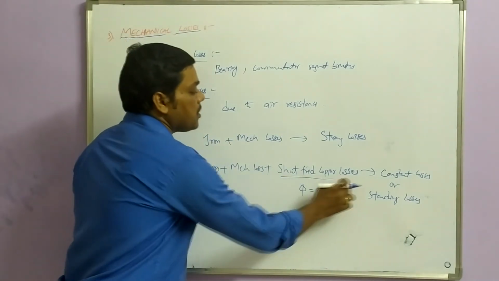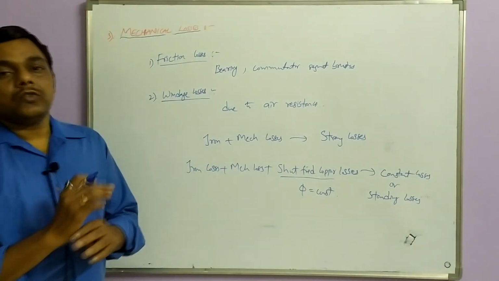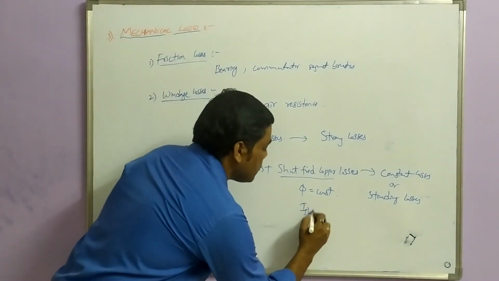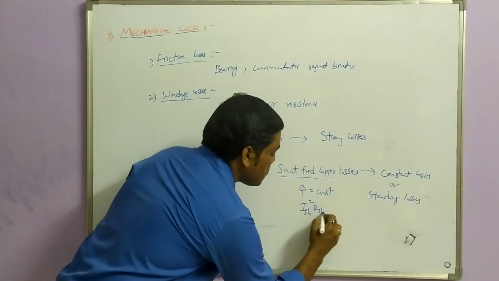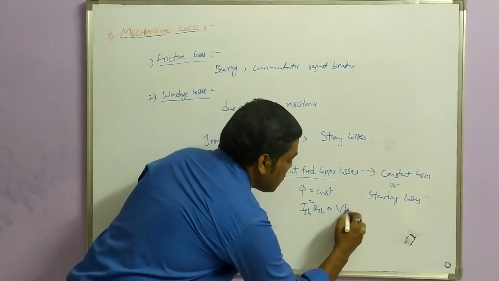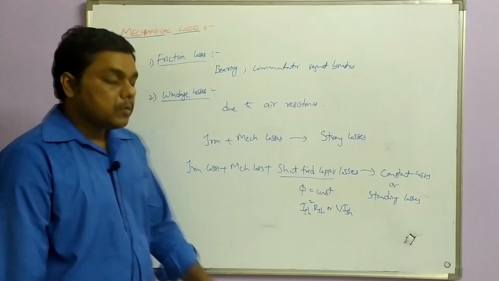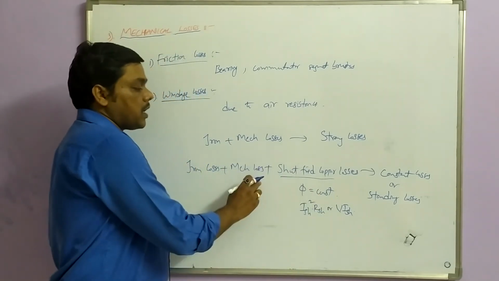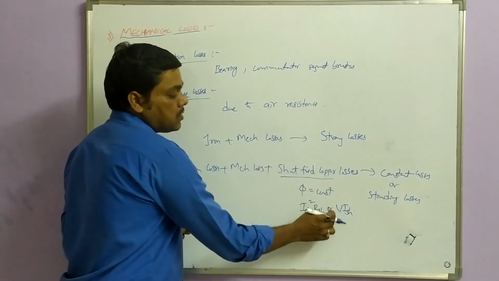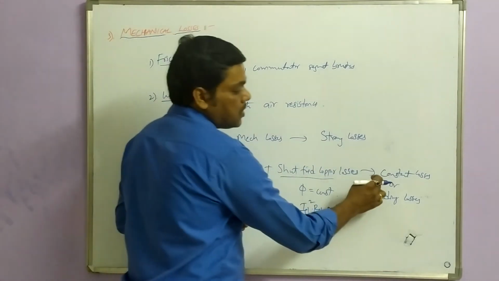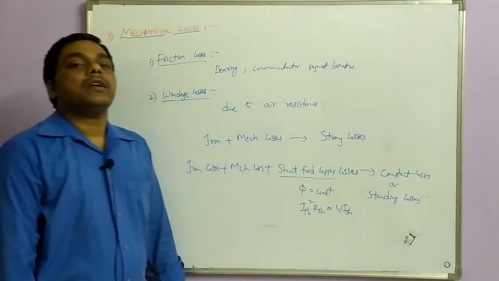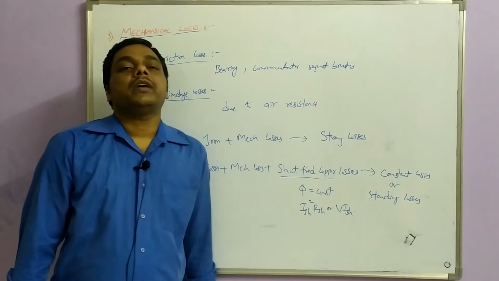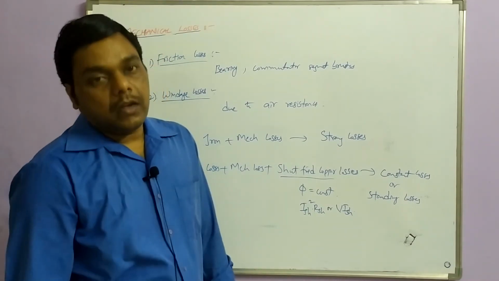So what is the shunt field copper loss? ISH square into RSH, or V into ISH. This remains constant. So iron plus mechanical plus shunt field copper losses, in which flux is constant, are together called constant losses, and iron plus mechanical losses are called stray losses.